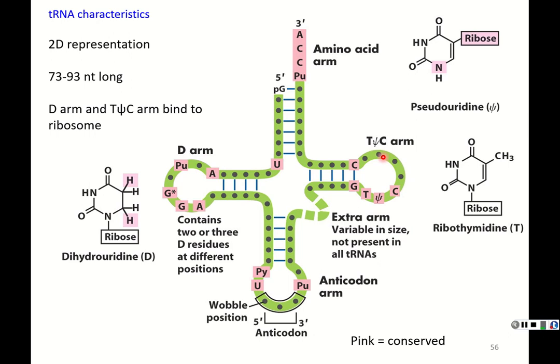The other arms, the T psi C arm and the D arm, are shown here, and again you have these special bases, dihydrouridine, which has the extra hydrogens added to it, a double bond removed from uridine, and then the T psi C has this pseudouridine residue added to it, where you have this particular base located there.